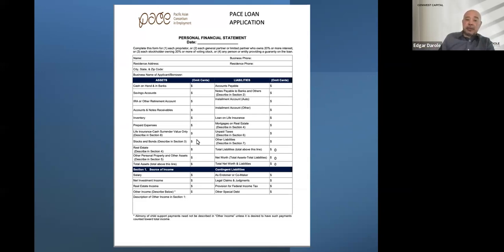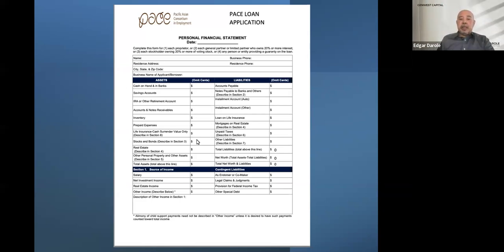So your total mortgage on real estate is $650,000. This is where you put it in there. Unpaid taxes: if you are making payments or installment payments to the IRS or the Franchise Tax Board, that's where you put that in. Other liabilities, anything that is not covered from any of the above sections, you can do so.